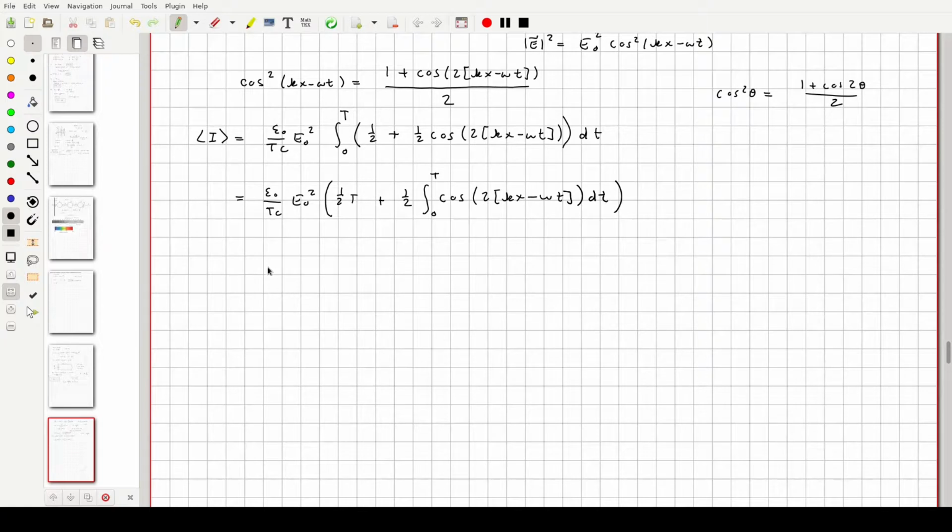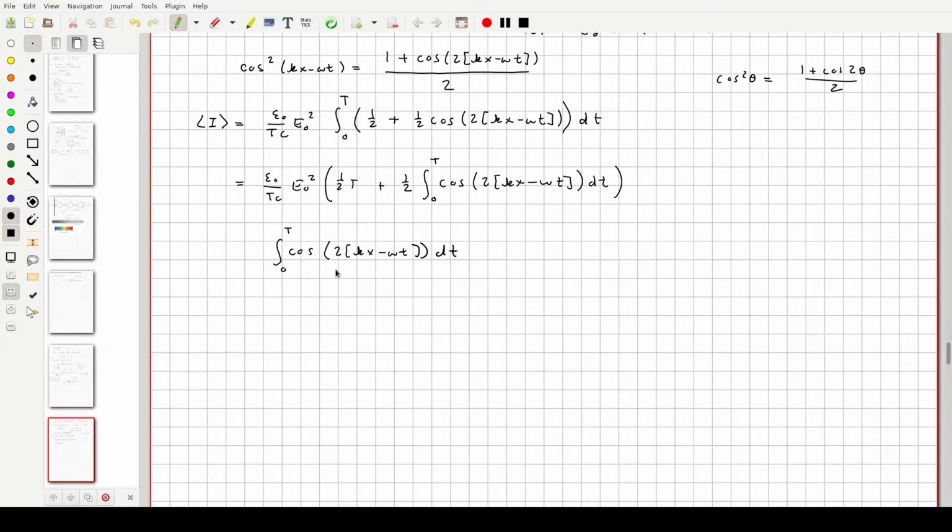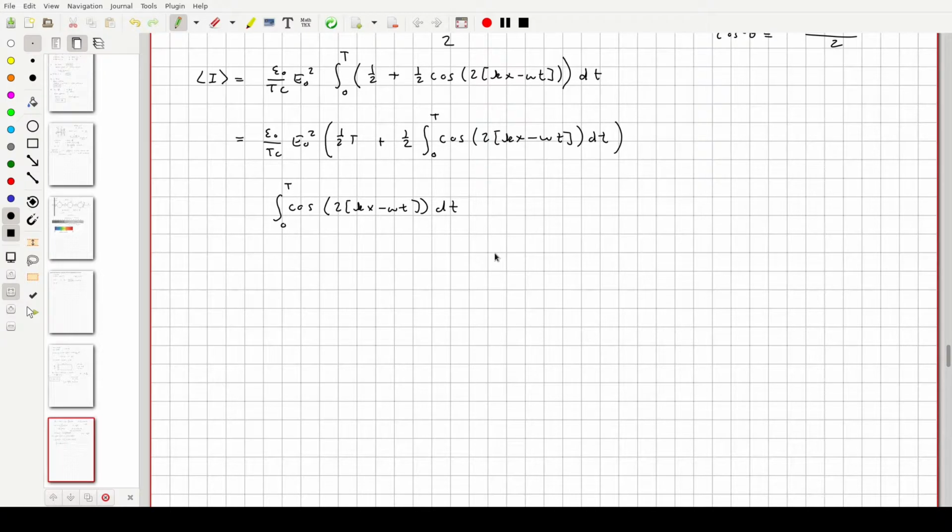So let's take a look at that. This is just this integral right here, just this part. This is what I want to integrate. Now, here, I'm going to use another trig rule, and that's that cosine of a plus b is equal to cosine a, cosine b, minus sine a, sine b.